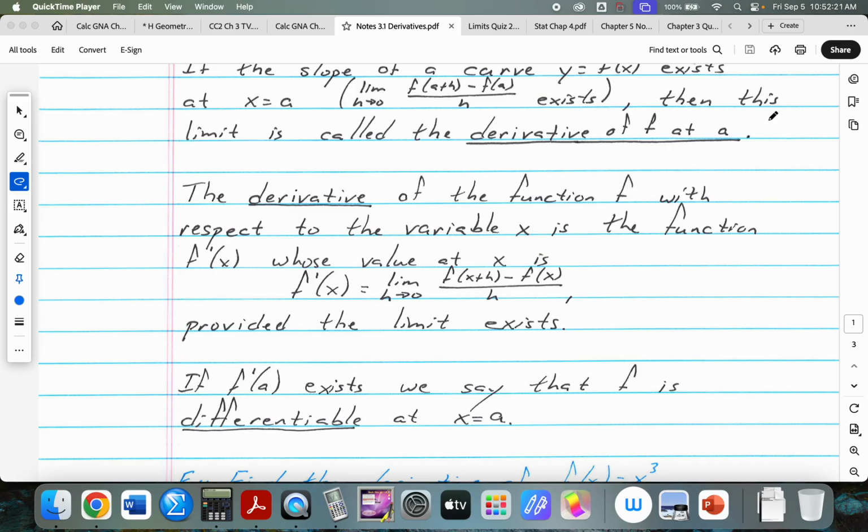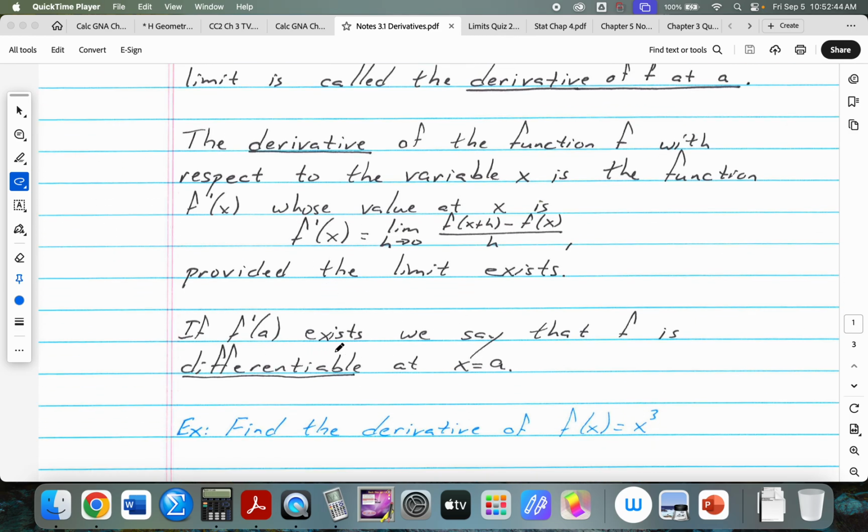So basically the difference between those two is the first is at a particular point. This is going to give me a function where I can substitute any x value that I want and get the derivative at that point: the slope of the tangent line, the slope of the curve, the instantaneous rate of change of that curve at any point.